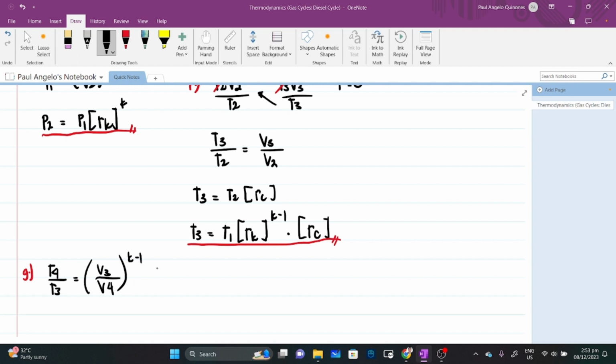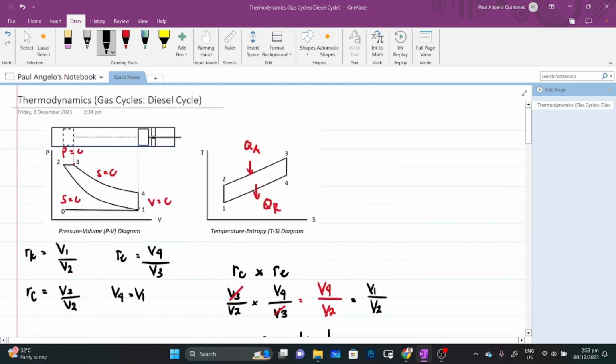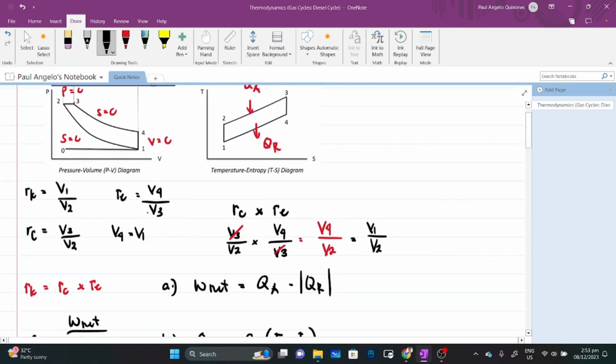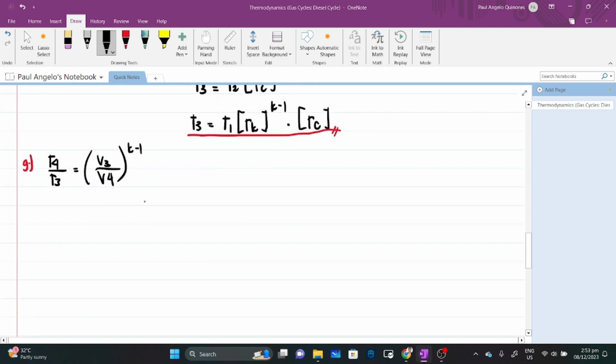Okay? So as we've said, from your PV diagram, V4 is equal to V1. So let's write it here. V4 is equal to V1, and V3 we've said as well, we can solve using the cutoff ratio, that is V3 over V2. So if we solve for V3 here, just cross multiply. So we have V3 is equal to RC times V sub 2.